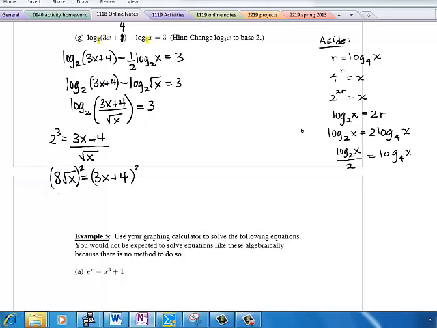So 64x equals 9x squared plus 24x plus 16. And that's quadratic, so if you need to FOIL this out, you can, but this should be what you get when you expand that. 0 equals 9x squared minus 40x plus 16.